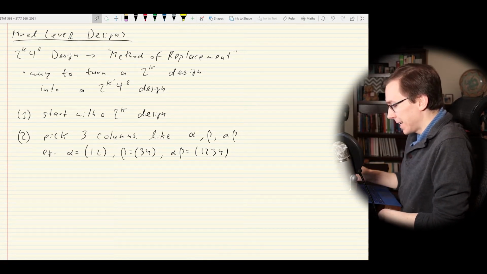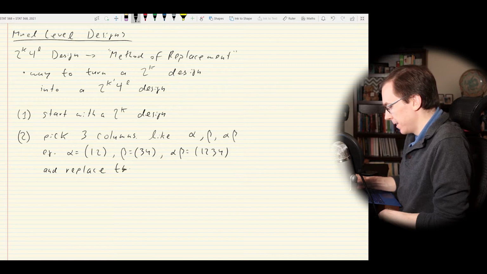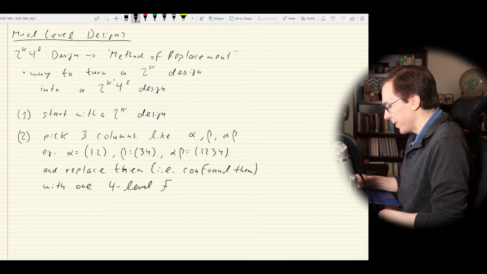So the idea is that we pick these 3 columns and replace them, i.e. confound them, with 1 4-level factor.